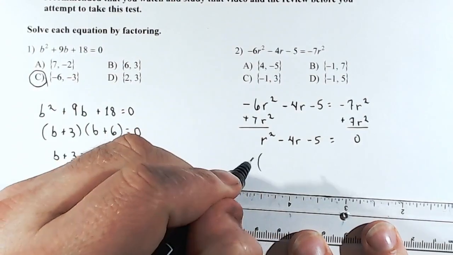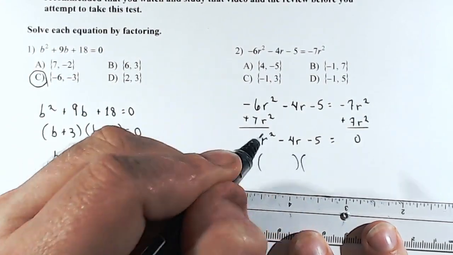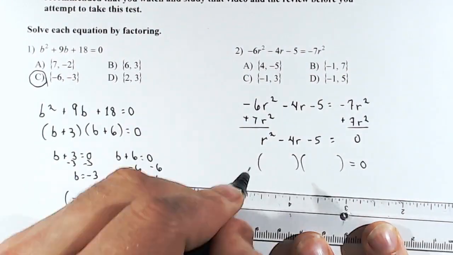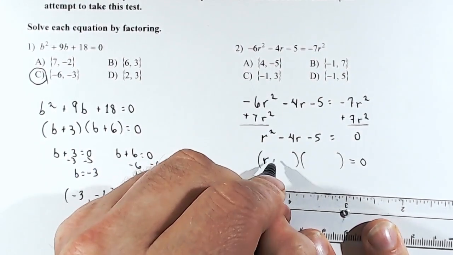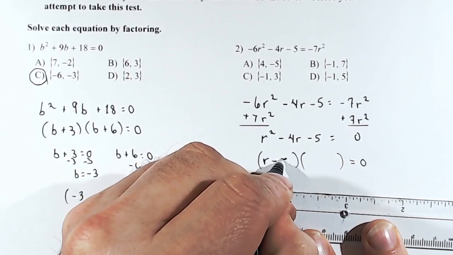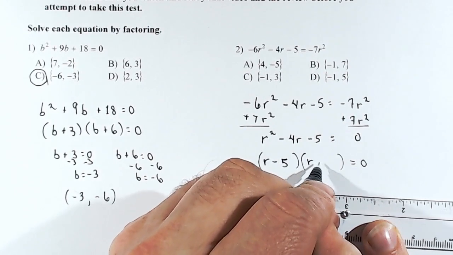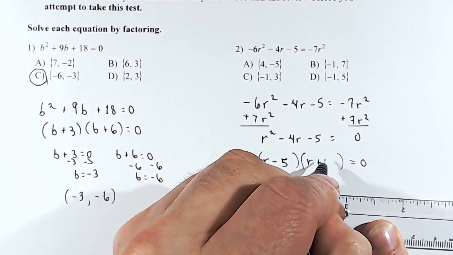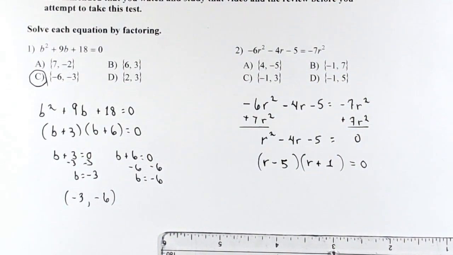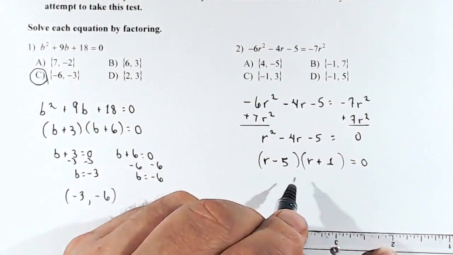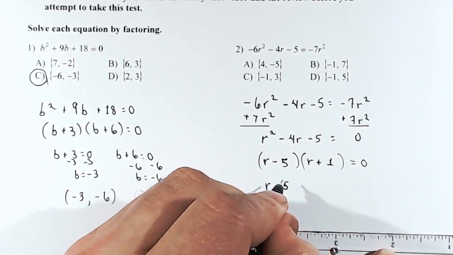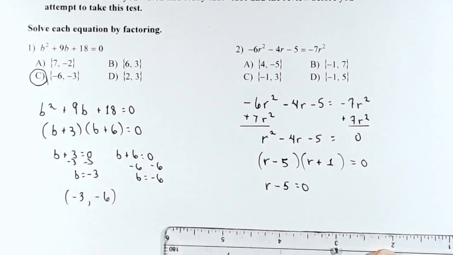So when we factor this quadratic, it's going to look like this: r minus 5 and r plus 1. Now to get the solutions to this quadratic, we set each factor equal to 0 and solve.